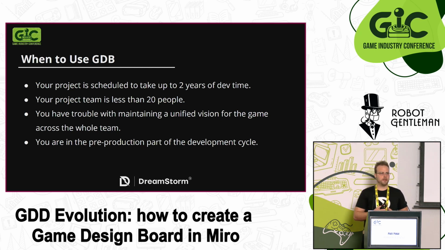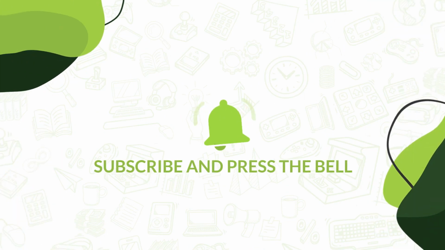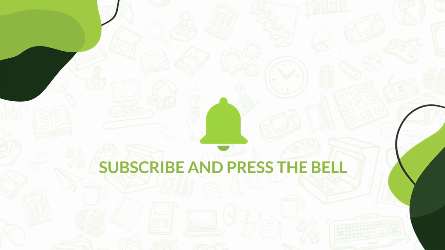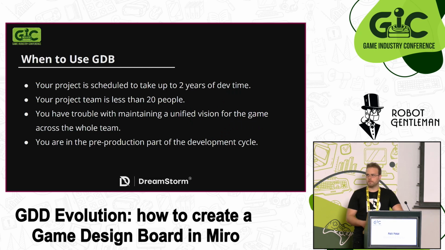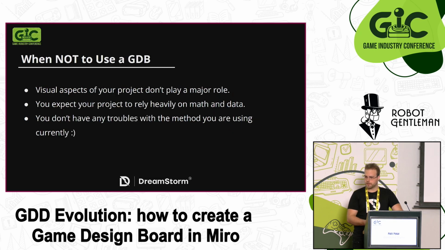So if it happens at your team that a programmer does something and he shows the game designer the result and the game designer says, no, I didn't mean that, you were supposed to do something else, this might be a thing for you. Also, if you are in the pre-production part of the development cycle, it might be very easy to implement this solution, as the brainstorming and the sticky notes are already there, and then you just build on top of that.